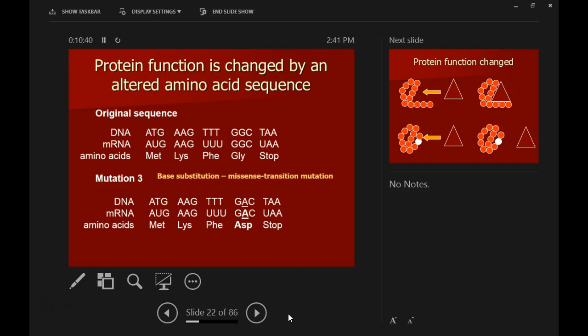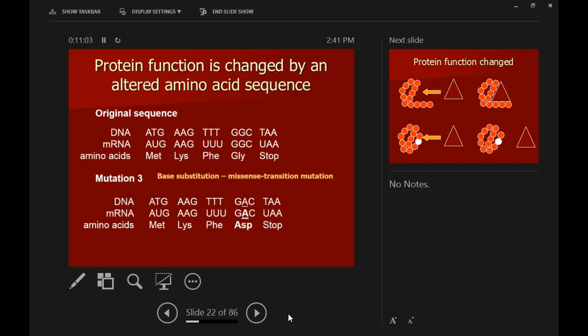It also codes for a slightly different amino acid. Instead of glycine here, it codes for asparagine. Because of that, it creates a missense mutation. And since we are going from a purine to a purine, this is also a transition mutation.